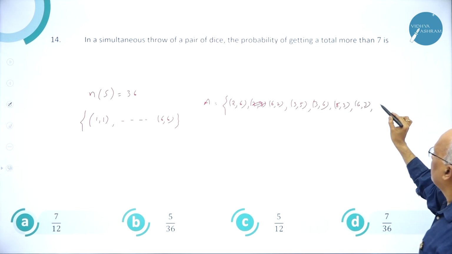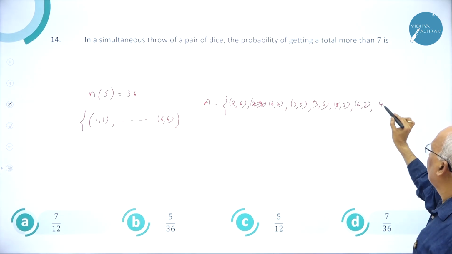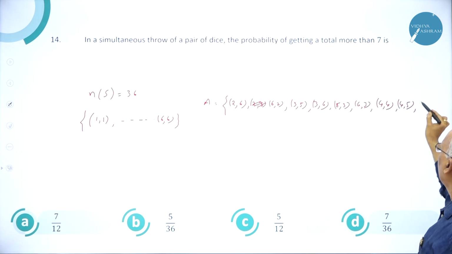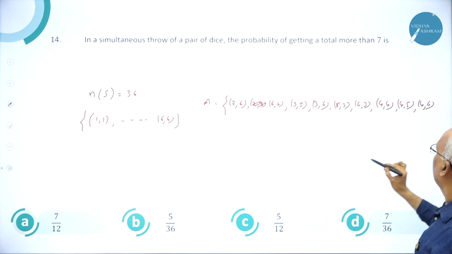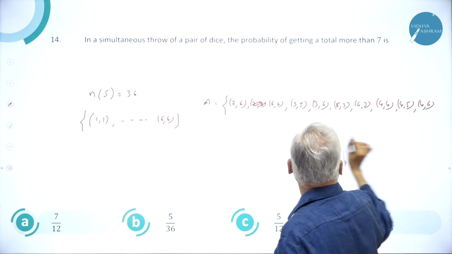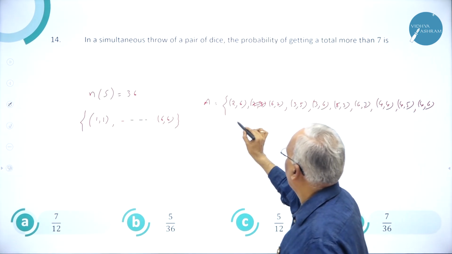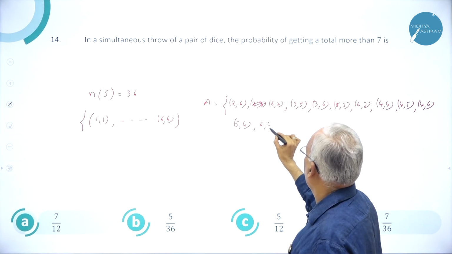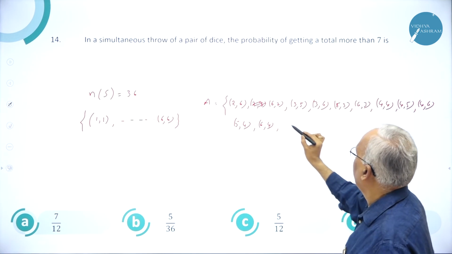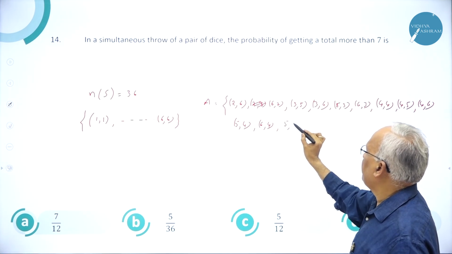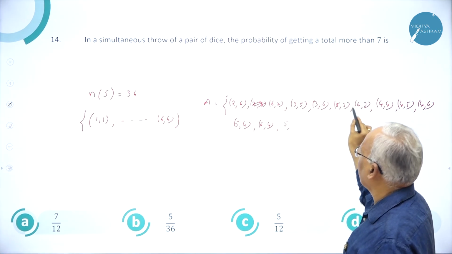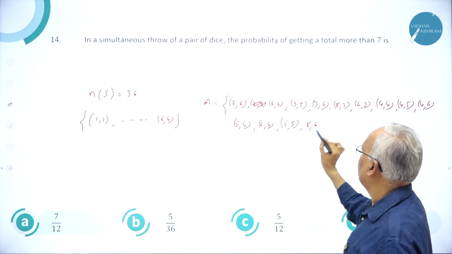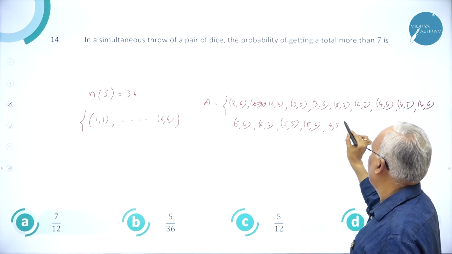And then begin with 4: 4, 4, 4, 5, 4, 6. And then you take the reverse order: 5, 4, 6, 4. And the next ones are those that begin with 5: 5, 5, 5, 6 and 6, 5. 5, 3 is already there.